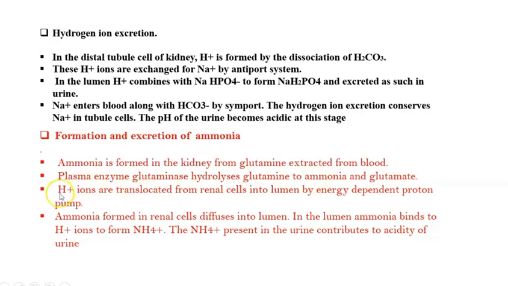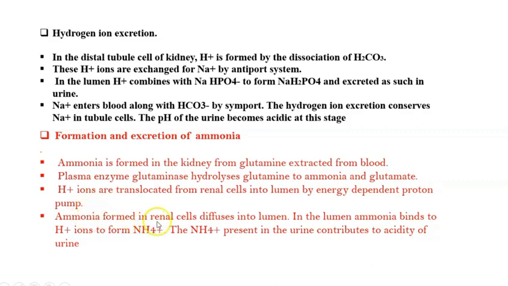Now the hydrogen ions formed from step 3, by the dissociation of carbonic acid, will be translocated from the renal tubes into the lumen through a proton pump, which is a channel for the translocation.